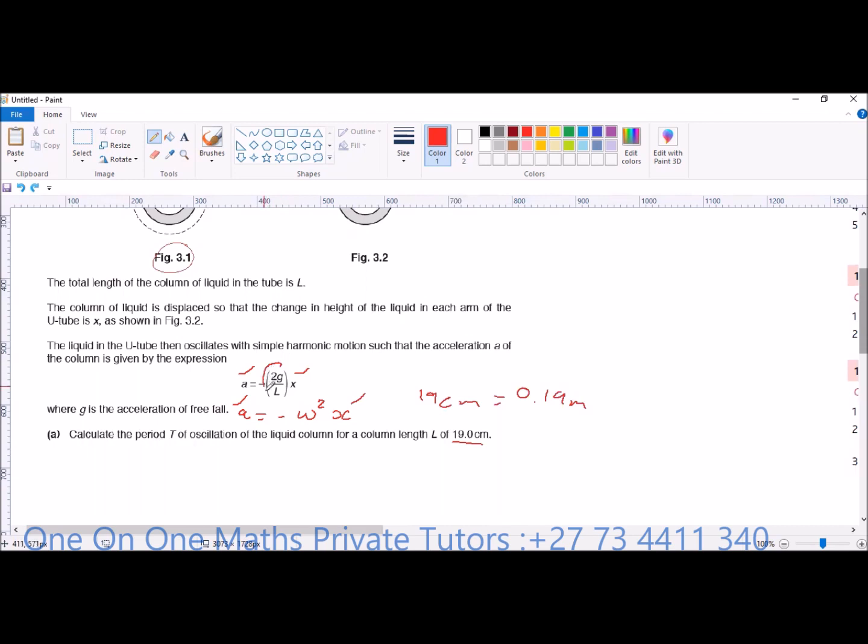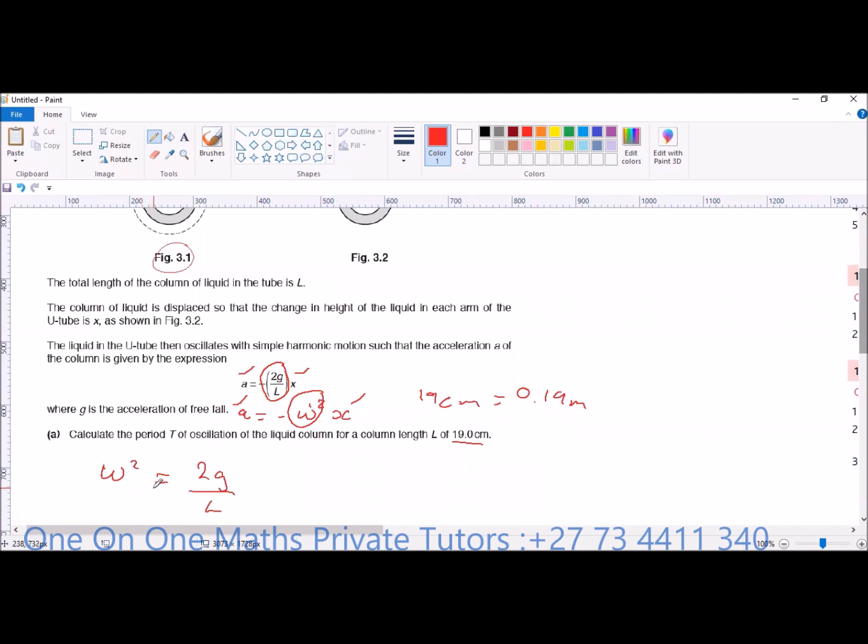So the only difference is here and there. So we can substitute omega squared is equal to 2g over L. We compare this equation that we know with the given expression and see what we can substitute. The only difference is 2g over L and omega squared, so these quantities should be the same. But what do we want?